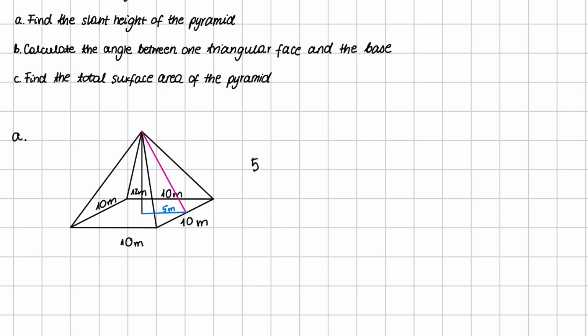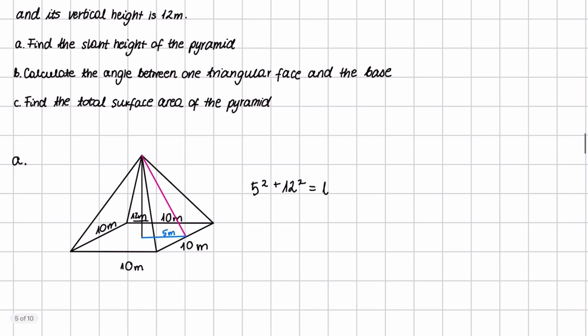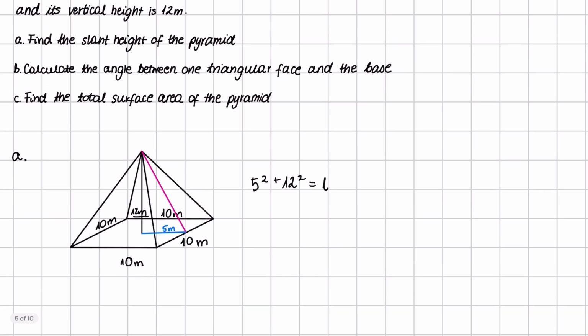So we have 5 squared plus 12 squared, because we have in here our vertical height, equals, let's denote it as L because it's slant height, so L squared.